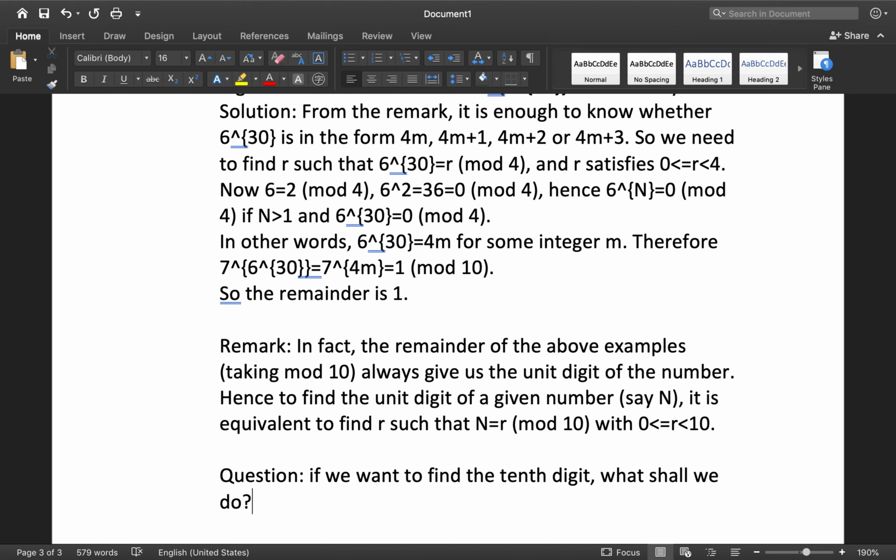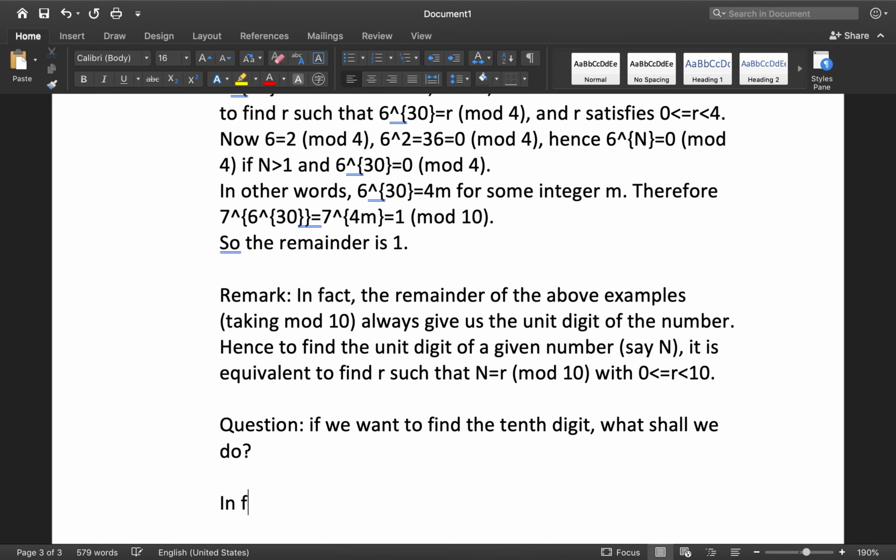You can try to take mod 100 and see what happens. Actually, if you do that, you will not just get the 10th digit, but you also get the unit digit as well. You can try it.